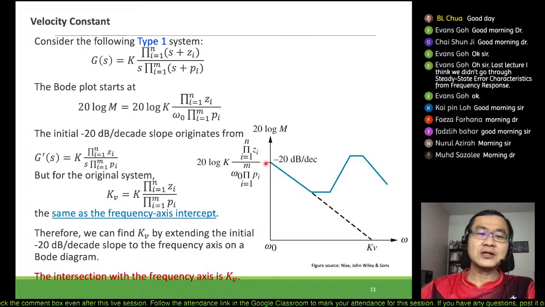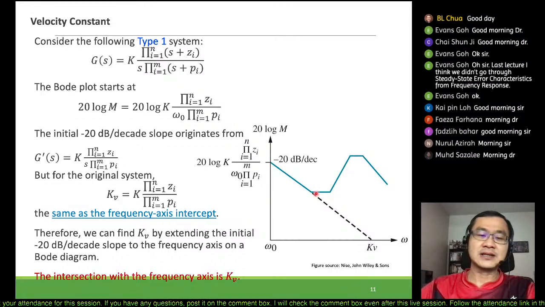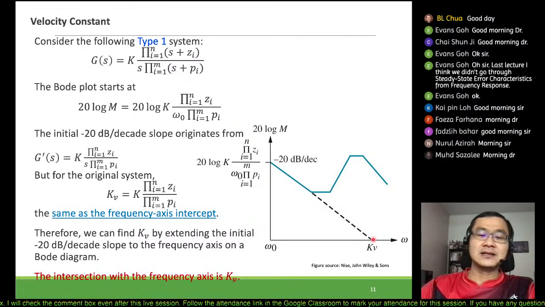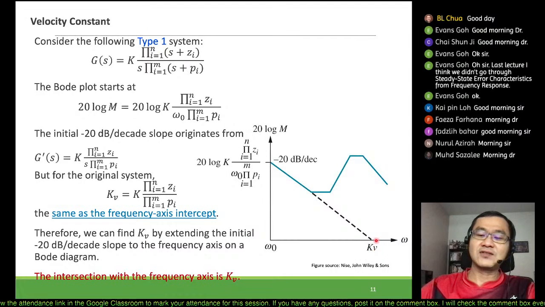So when you are looking for the velocity constant, which is the kv, you would see this slope itself, which is the negative 20 dB per decade. When you extend it to this x-axis, then it would be equal to this magnitude, this kv value.